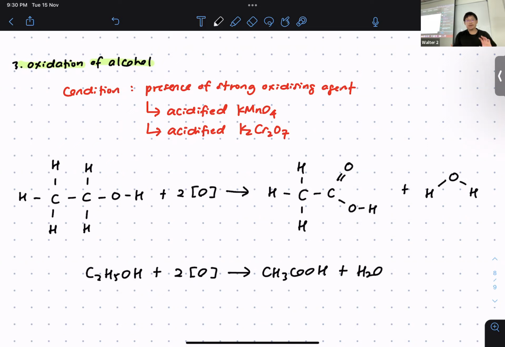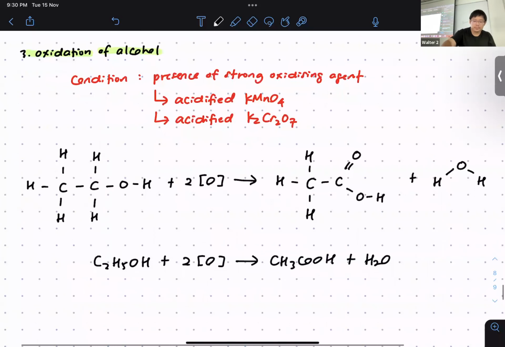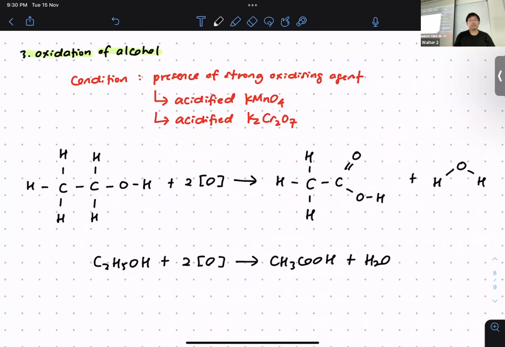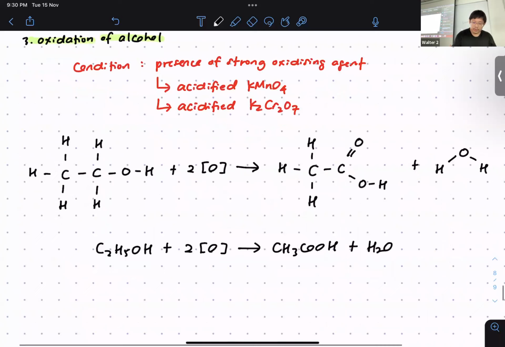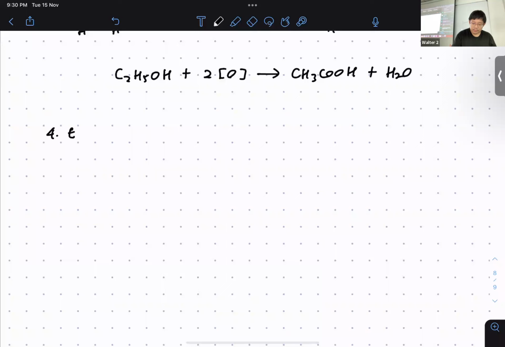Okay, and then last one. Last one for alcohol will be esterification. So for the fourth is the production of ester.